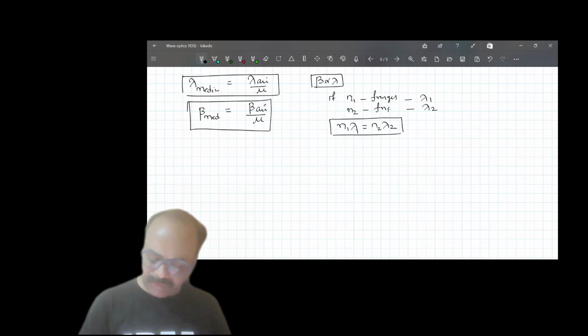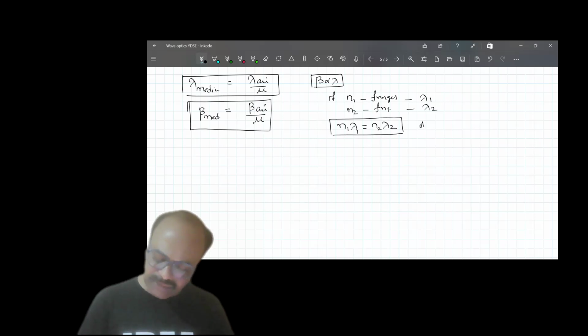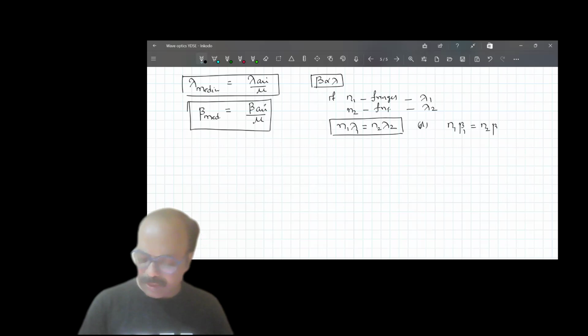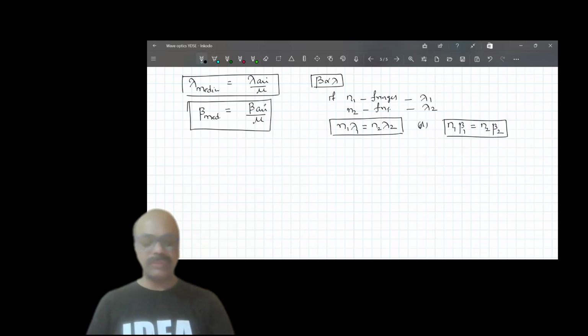If they gave wavelengths, we can use this formula. Suppose they ask about fringe widths: N1 beta 1 equals N2 beta 2.